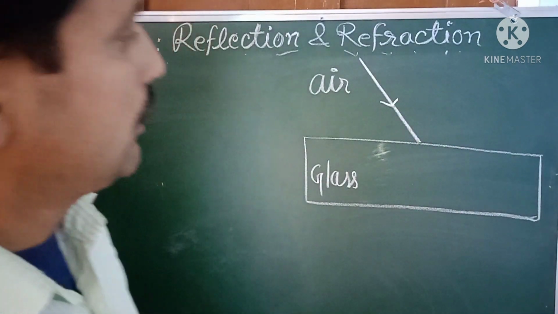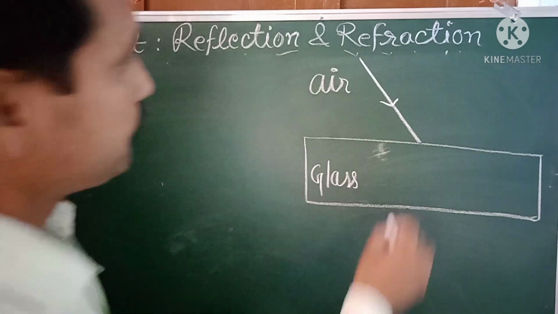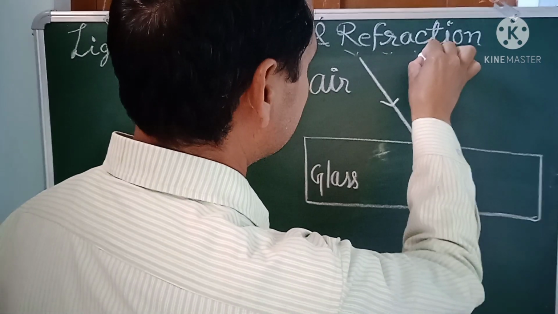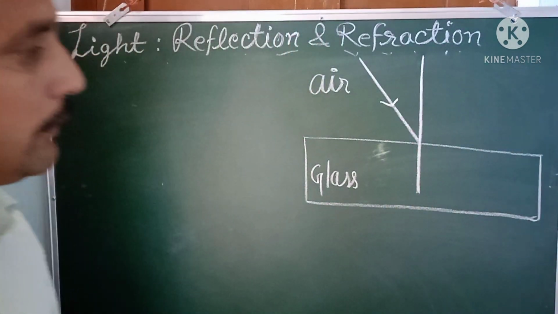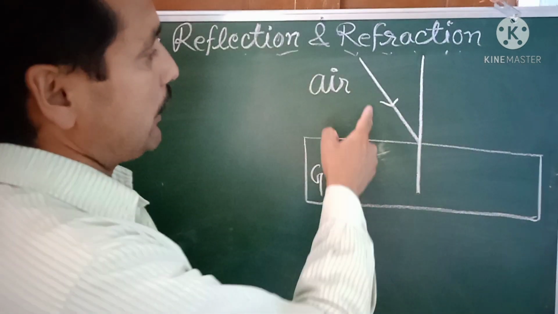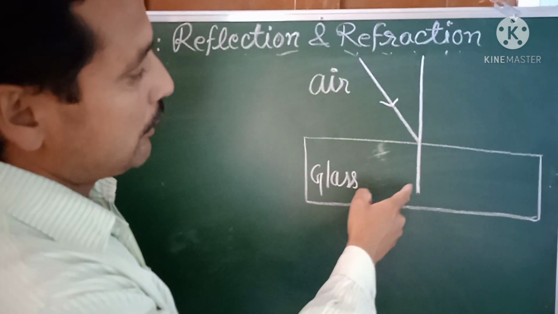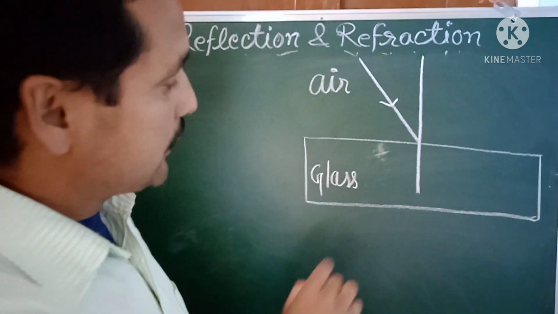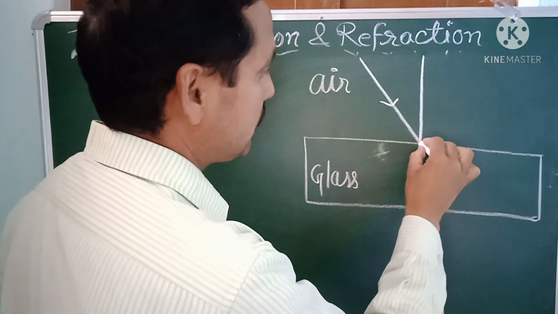What happens? First we draw a normal to the interface of the two transparent media. This is the normal. A light ray passing from air to glass bends towards the normal, as glass is denser than air.